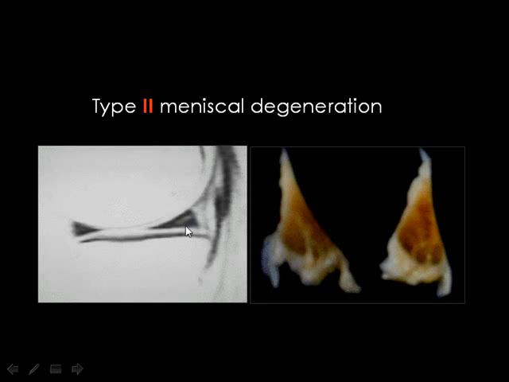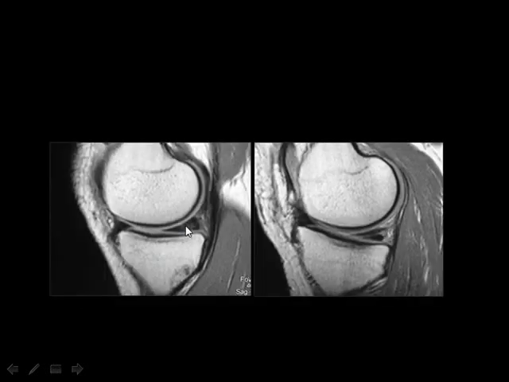Then this is degeneration, okay. Then if you look here, this is degeneration and this is tear. If the tear is horizontal, it's known as horizontal tear, which is usually degenerative. And if the tear is vertical like this, this is known as vertical tear, which is usually post-traumatic.